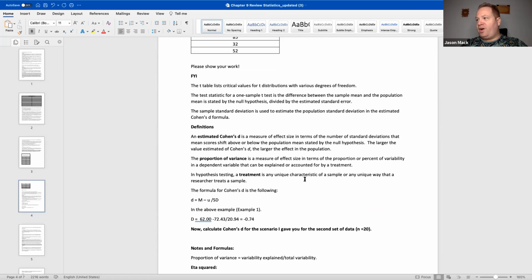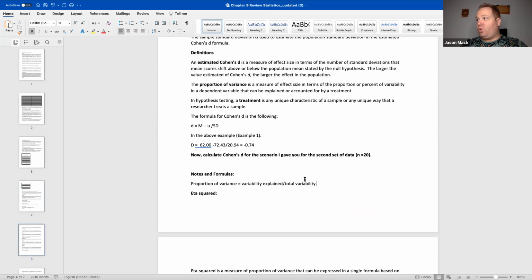The proportion of variance is a measure of effect size in terms of the proportion or percent of variability in a dependent variable that can be explained or accounted for by a treatment. In hypothesis testing, a treatment is any unique characteristic of a sample or any unique way that a researcher treats a sample.